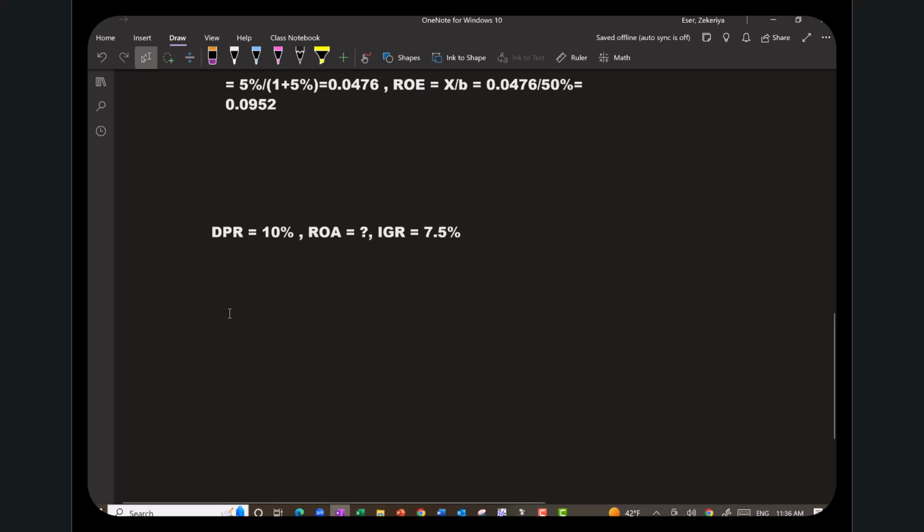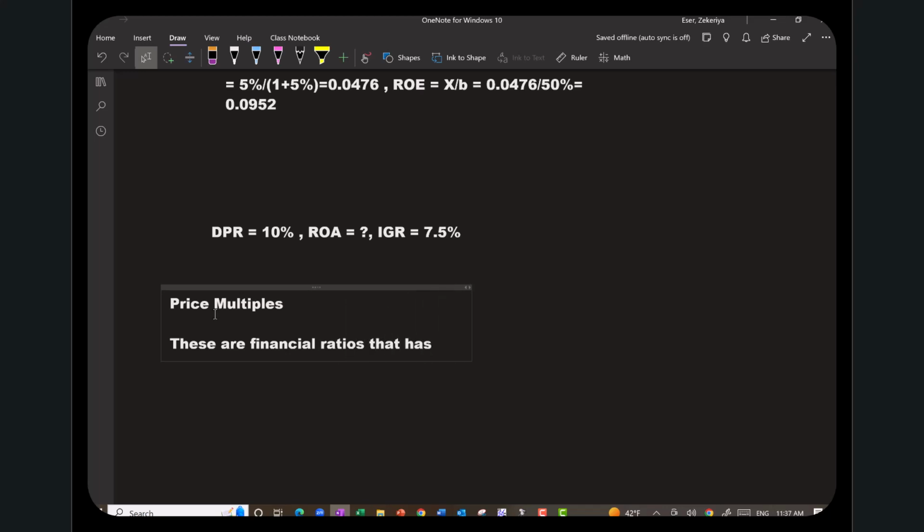Now let's talk about price multiples. These are financial ratios that have price per share or market capitalization as part of the formula, actually the numerator in the formula.